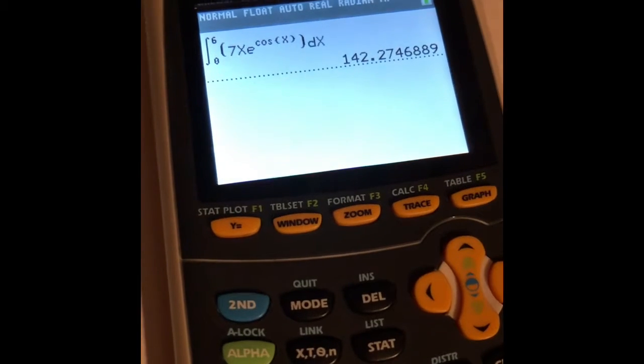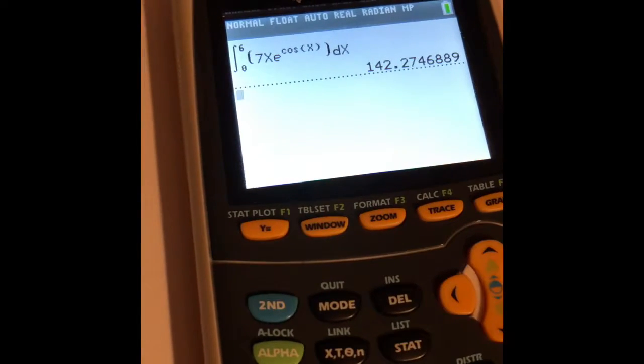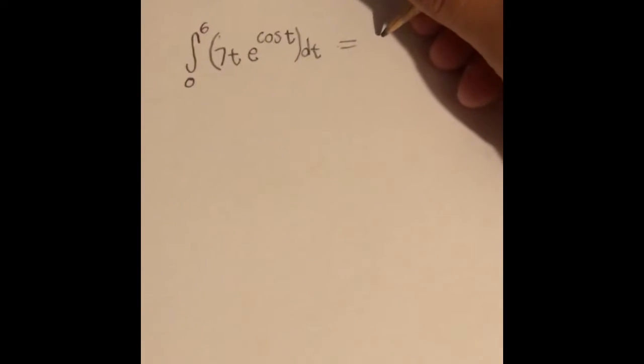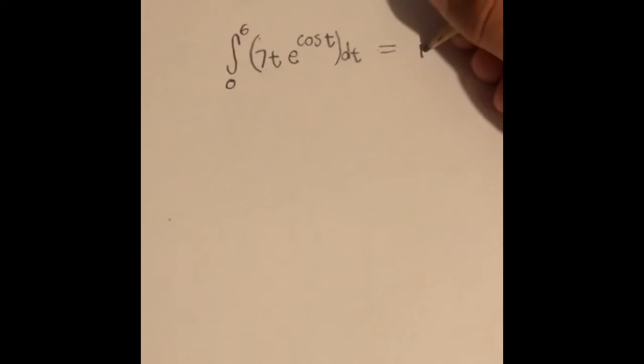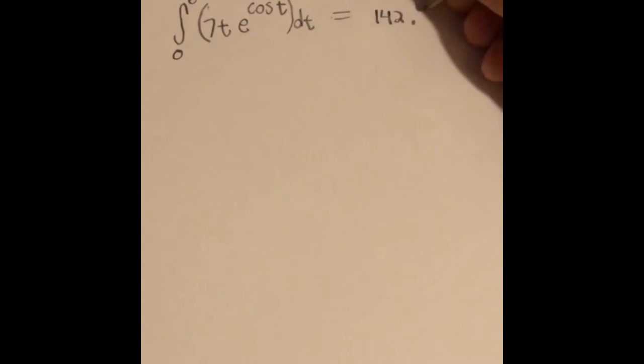And so we get approximately 142.275. So the amount of snow that accumulates on the driveway is 142.275 cubic feet. That's it for part A.